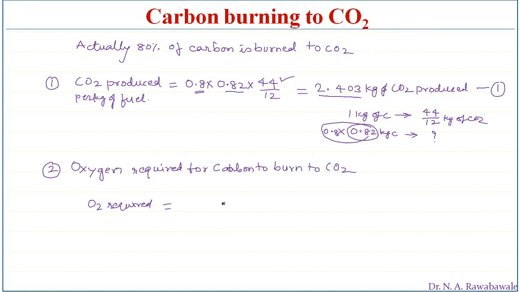So if we burn only 0.82 kg of carbon, and out of that only 80%, that is 0.8, is burning to carbon dioxide, only this much oxygen is required. That is 0.8 into 0.82 into 32 divided by 12. So this requires 1.794 kg of oxygen.